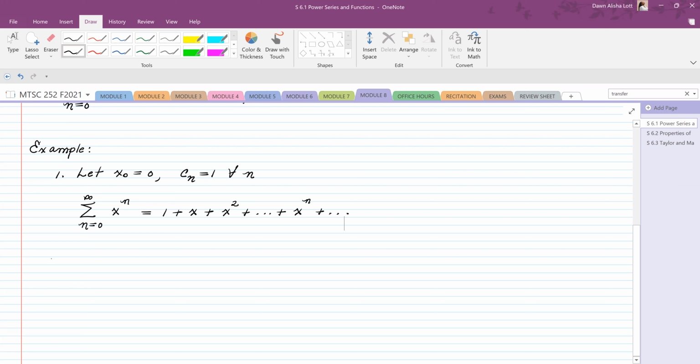Number 2. I'm going to let x naught still be 0, but I'm going to let Cn be (minus 1) to the n over n factorial.